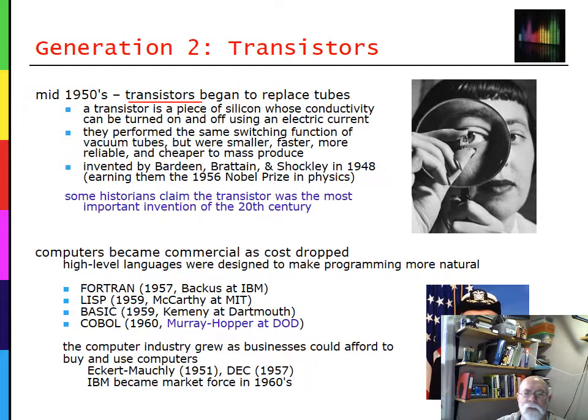Languages, as they begin to come out, these languages were more human-like. And Fortran, formula translation, is still used today for doing complex number crunching. It's just good, fast, and small.